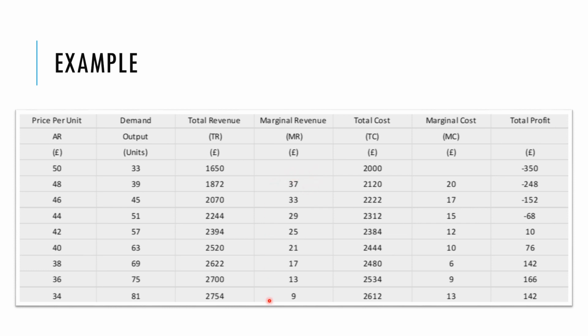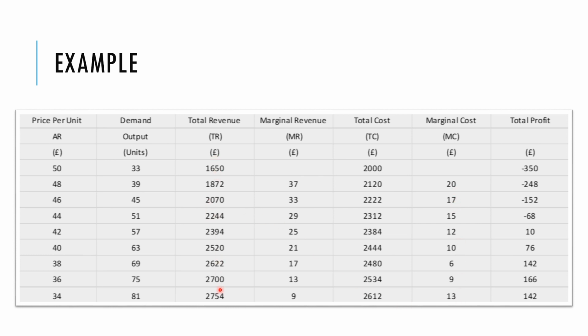Here we have total costs, and again we have marginal costs. Adding that 39th unit, what's been the impact on cost? Well, it's increased cost by 20. Adding the 45th unit, the impact on cost has been an increase of 17, and so on.